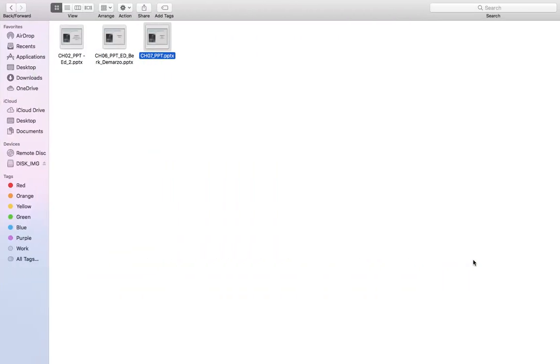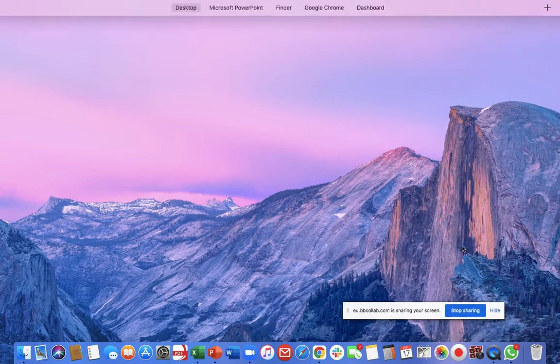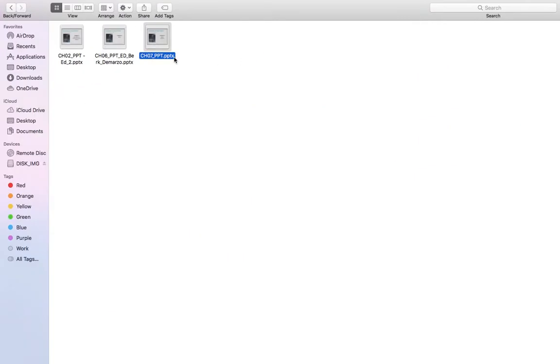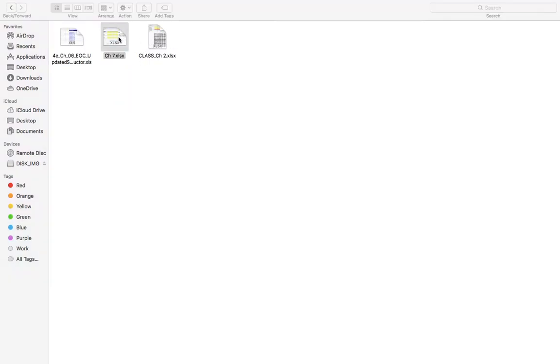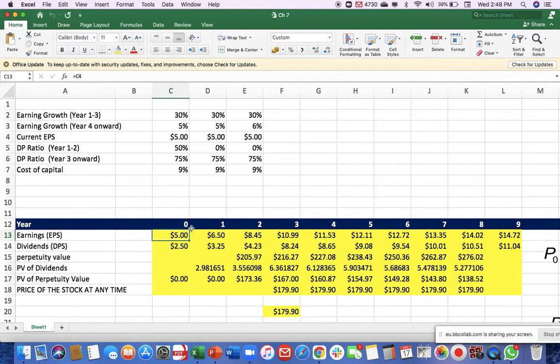So go to the spreadsheet please. If you go to the spreadsheet, we find that the timeline is provided here. $5 is in year 0, then 6.5, 8.45, 10.99, 11.53. Now what happens here?